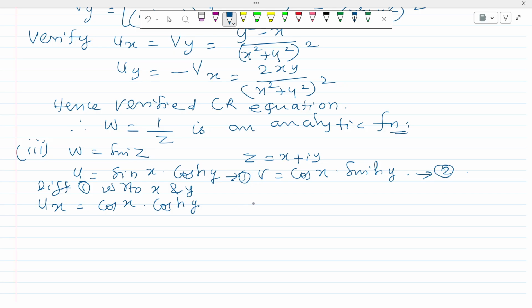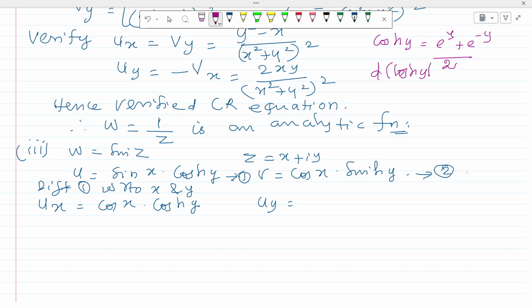Similarly, uy equal to, what is differentiation of cos hy? Listen, here you can write as a note, what is the cos hy formula? cos hy is e power y plus e power minus y divided by 2. Differentiate on both sides.